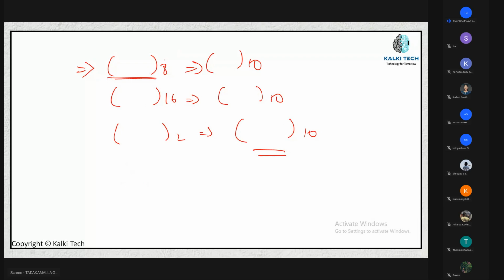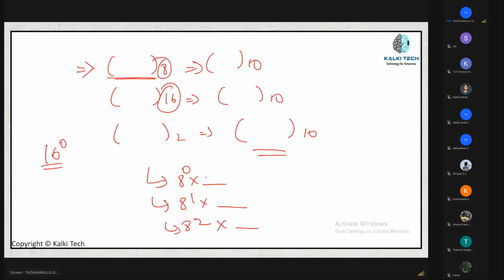In the case of an octal number, we take the weight of each position: the digit into 8 power 0, 8 power 1, 8 square. And for hexadecimal, we take the weights of each digit by considering its 16 power n, where n is the position. And you add these weights.